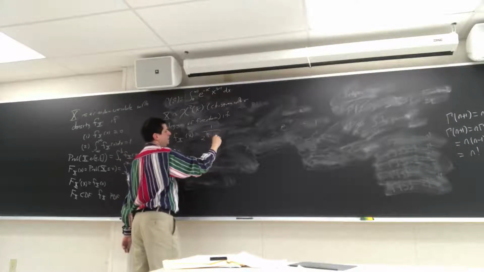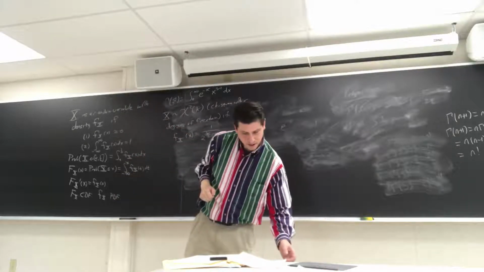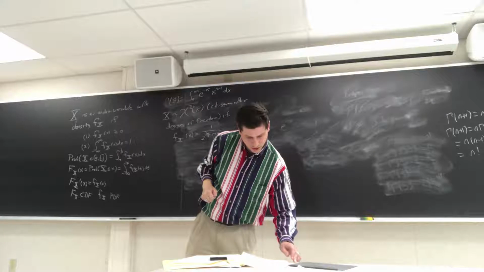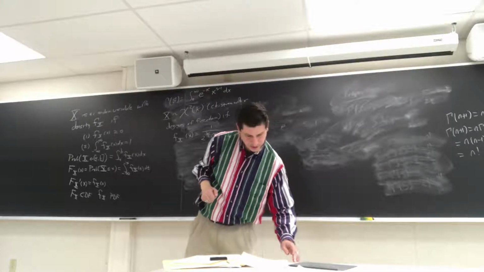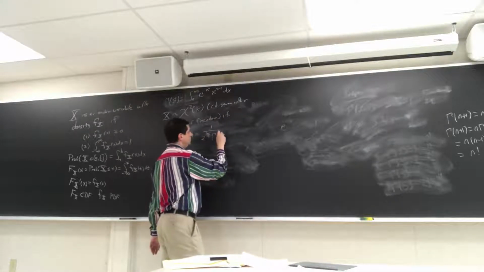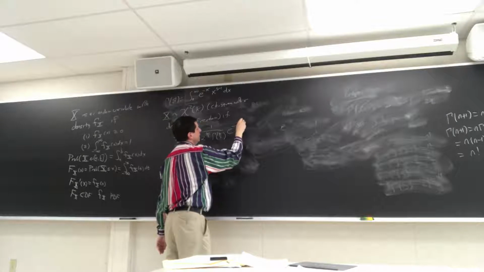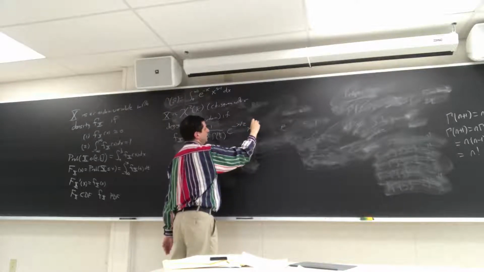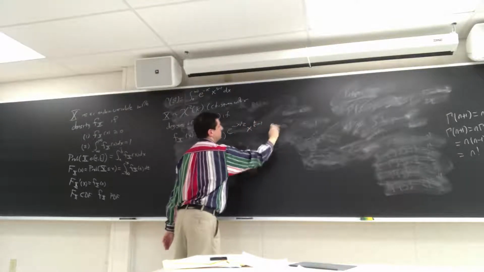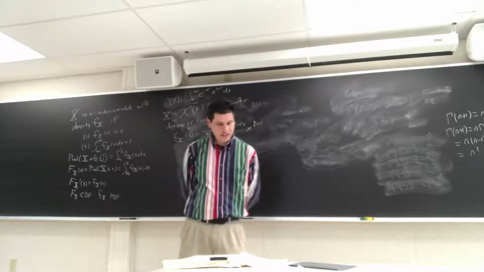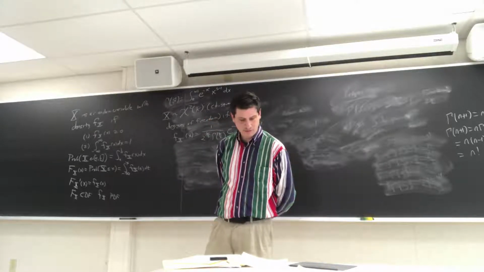K halves gamma, I think it's k halves as well. Do you want to make sure it's not a plus 1? Yes, it's k halves. Good. 1 over 2 to the k halves gamma of k halves, e to the negative x over 2, x to the k halves minus 1. Right? So this is my density for a chi-squared random variable.